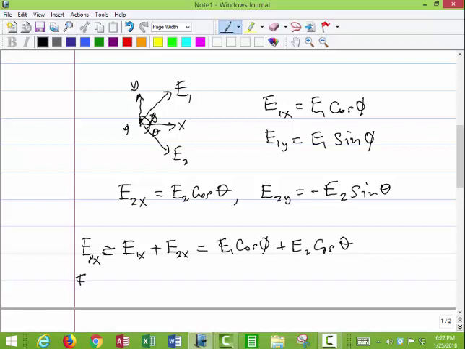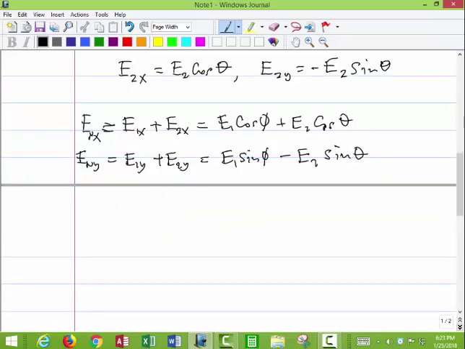And the En in the y direction is E1y plus E2y. Remember, E2 is negative. So E1y is E1 sine phi. You see that E2, because it's pointing downwards in the y direction, is a vector down, so it's negative. So E2y is minus E2 sine theta.